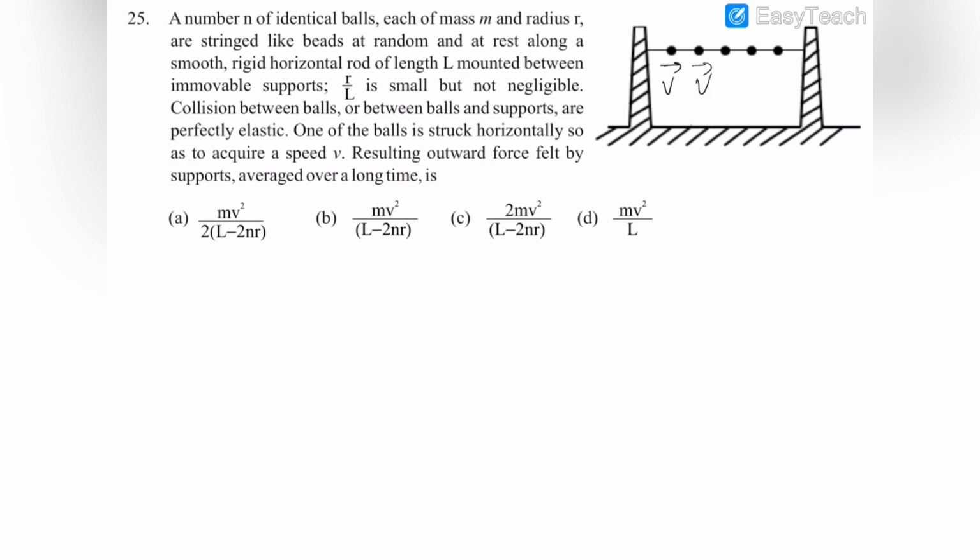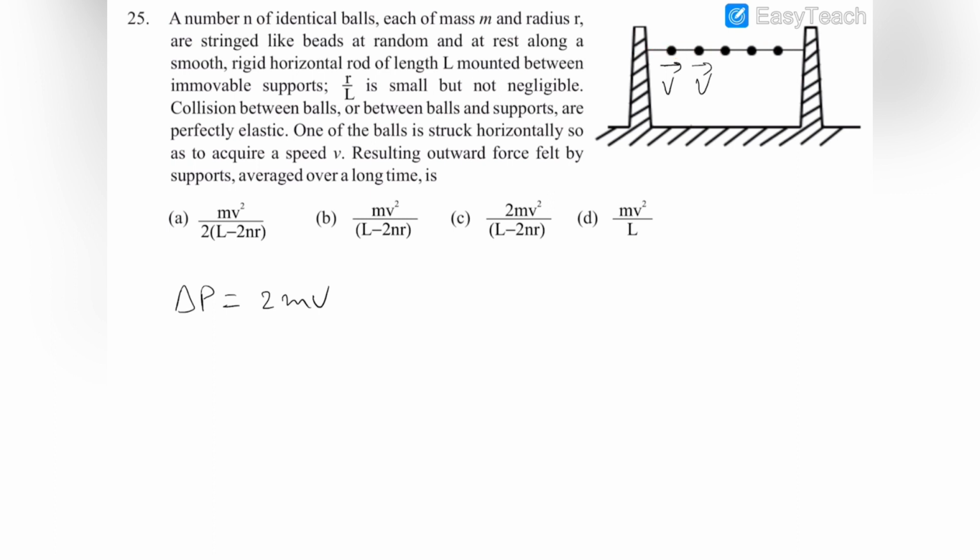So we can say that the change in momentum of any one ball when it hits the support is 2mv, and the time taken for this change would be the time in which that ball will again hit this support. So this ball hits the support for the first time and rebounds back, and then this momentum is transferred in the backward direction.